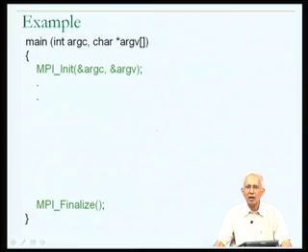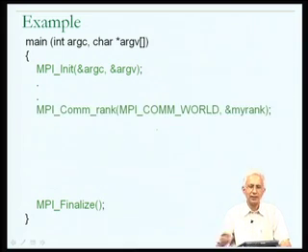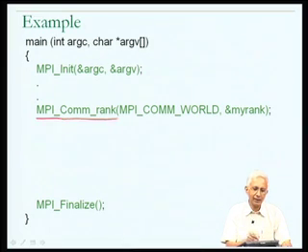For example, how many processes are there in this particular MPI program? And there is an MPI function through which the program can determine how many processes it is running as. Further, there is a function which can be used by any particular process to determine what its own rank is. So we had seen MPI COM rank, a function through which an MPI process can determine its own rank.